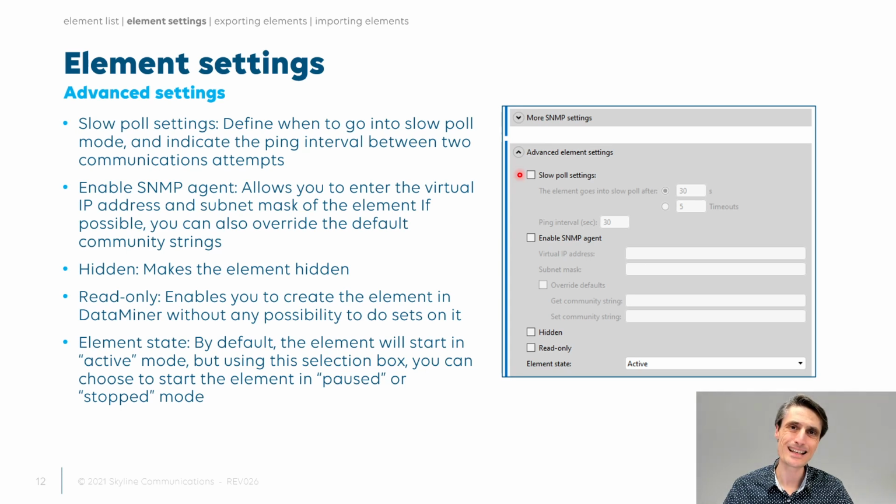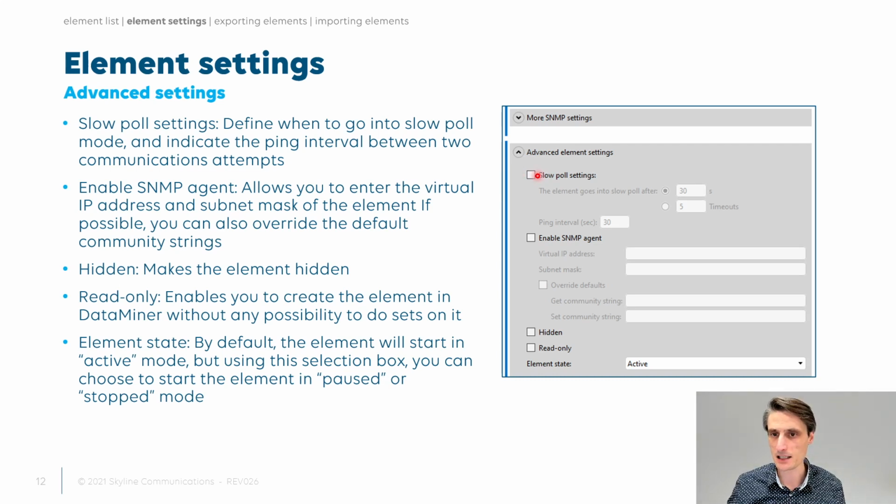It basically makes sure that if the element goes into timeout, it is not continuously doing high-speed retries. Well, high speed, there will be a timeout, of course, but it's continuously doing retries. After a certain period of timeout, it will back off a little bit and say, only once in a while I will do a check if the element is back online.